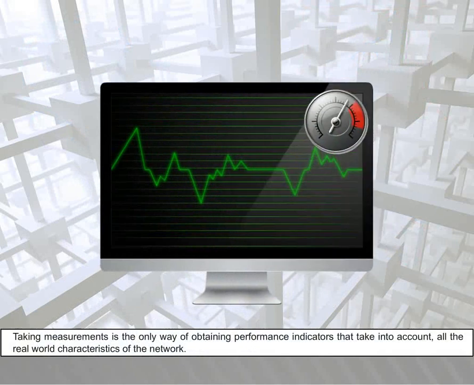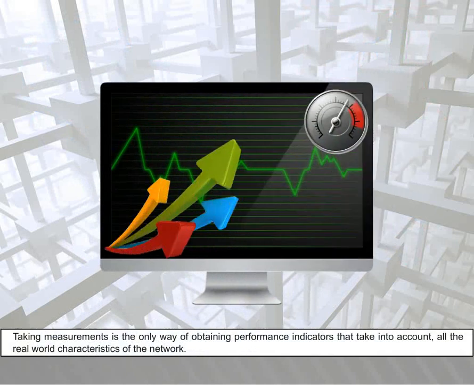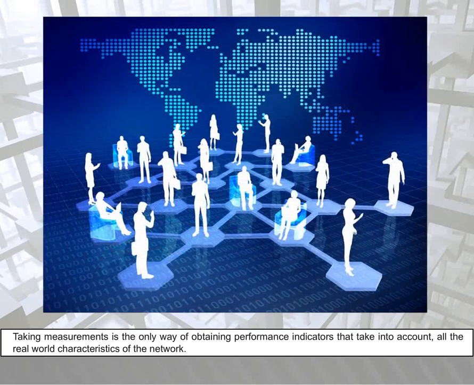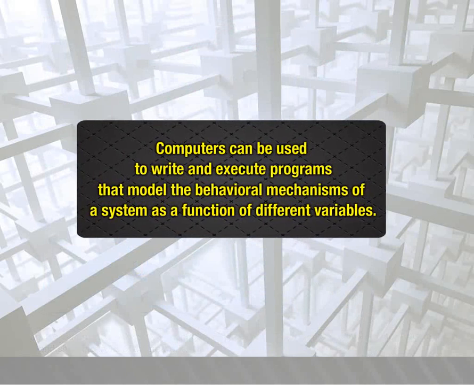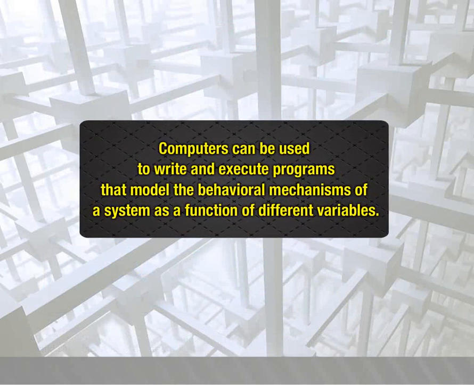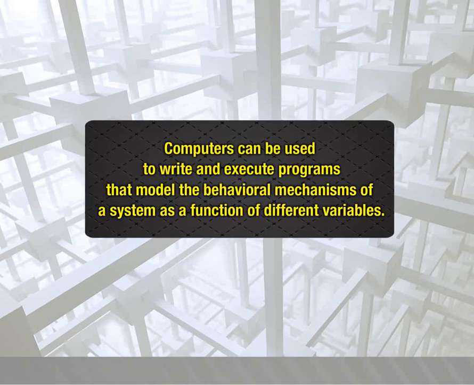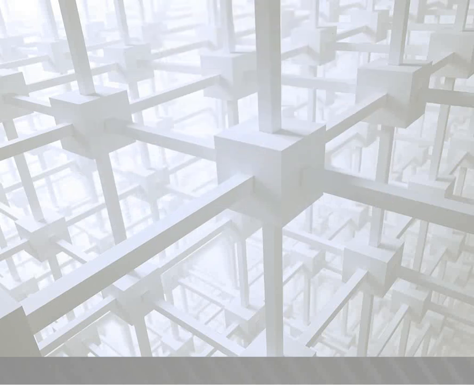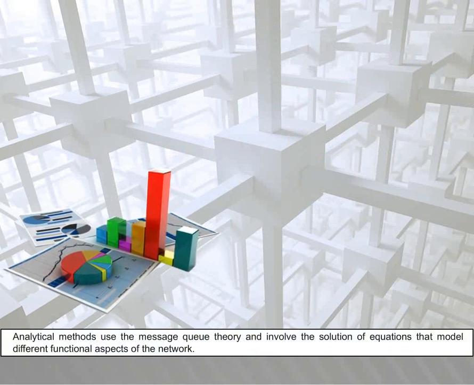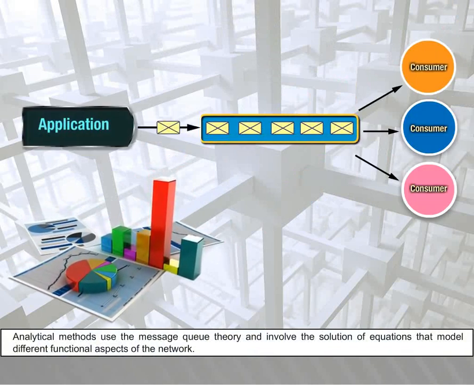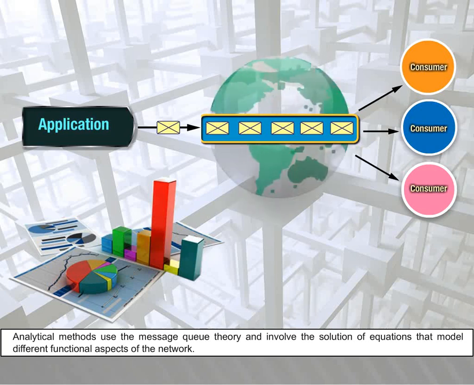Taking measurements is the only way of obtaining performance indicators that take into account all the real-world characteristics of the network. Computers can be used to write and execute programs that model the behavioral mechanisms of a system as a function of different variables. Analytical methods use the message queue theory and involve solution of equations that model different functional aspects of the network.